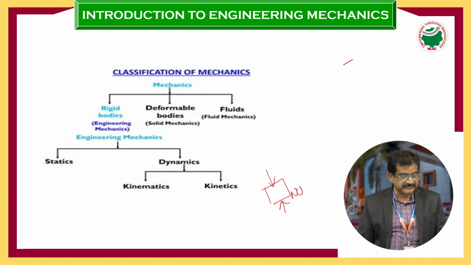Kinematics is the study of a body in motion where the forces that cause the motion are not considered. Kinetics deals with the body in motion along with the forces.